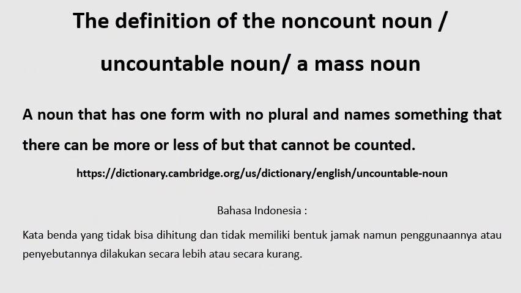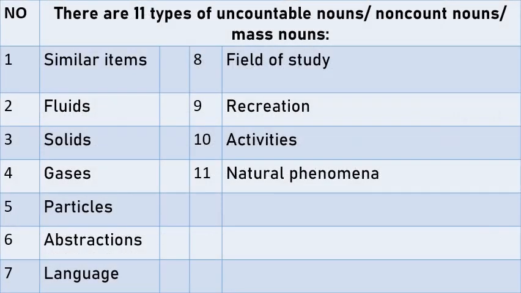The definition of the uncountable noun is a noun that has one form with no plural and names something that there can be more or less of, but that cannot be counted. There are 11 types of uncountable nouns as follows. For example, number 1, similar items.